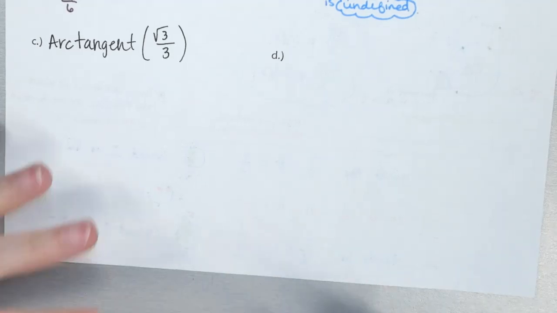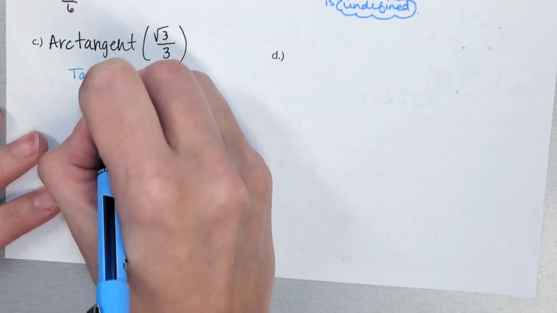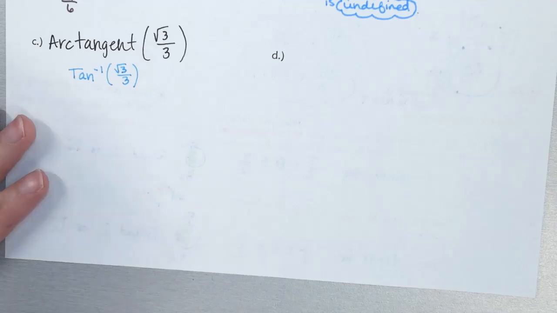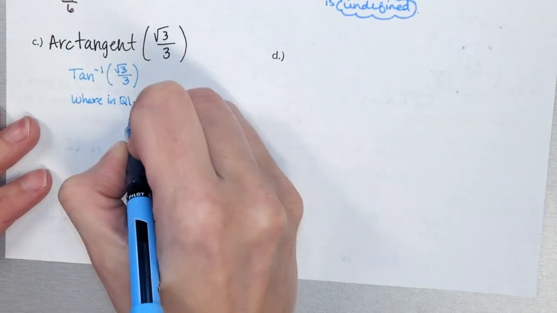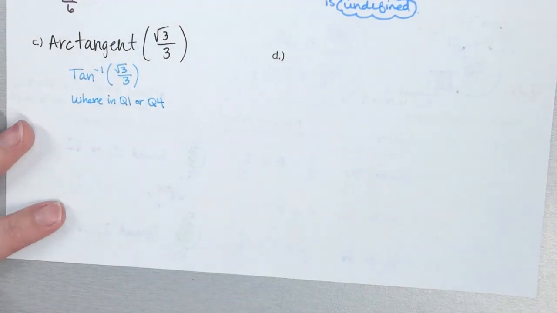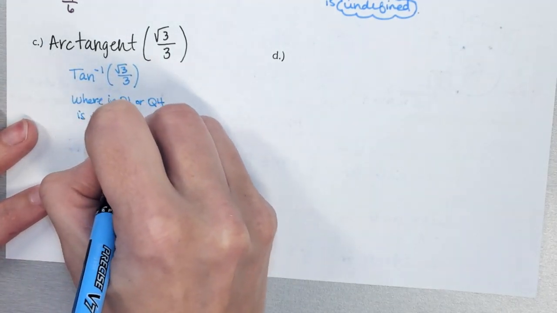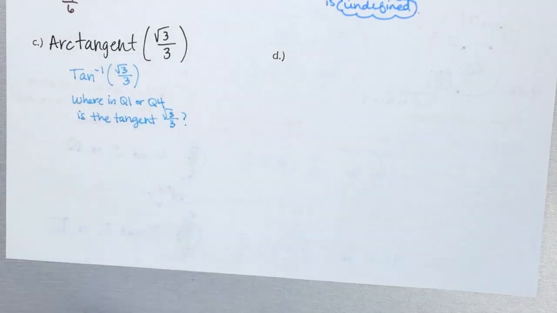Okay, so the arctangent is just saying the same thing as the capital tangent of root 3 over 3. So you have to find where in Q1 or quadrant 4, because that's our range for the tangent, the tangent is root 3 over 3.